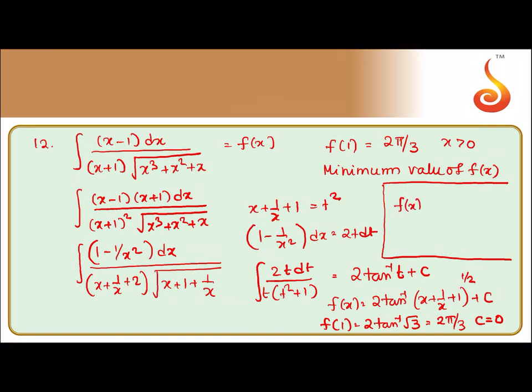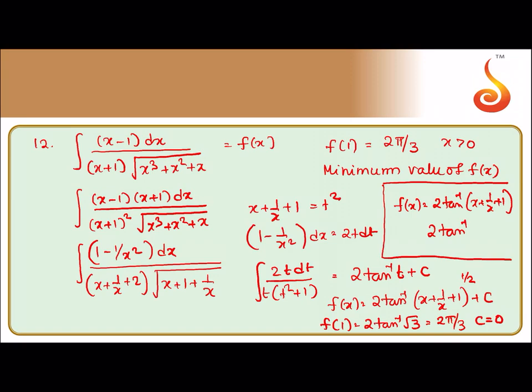Once we get c equal to 0, I'm writing here itself, c equal to 0. What we get f of x now? f of x is equal to 2 tan inverse x plus 1 by x plus 1.